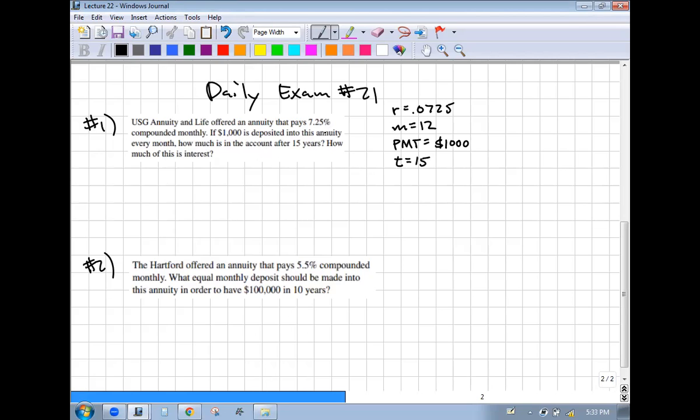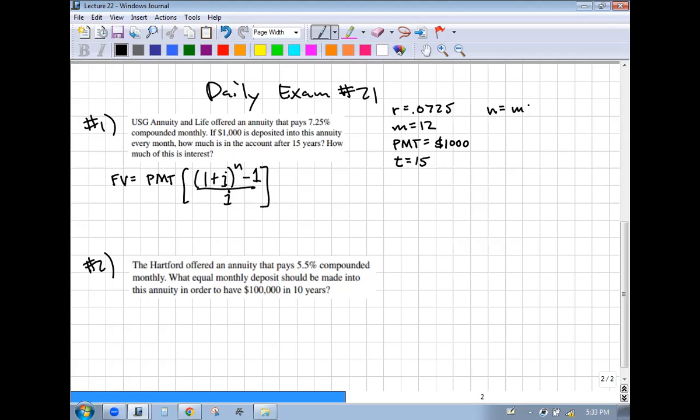All right, since the payments come in monthly and it's compounded monthly, that means it's a regular annuity or ordinary annuity. So the future value is the payment times, let me see if I can remember, 1 plus I to the n minus 1 over I, where n is the total number of payments made.